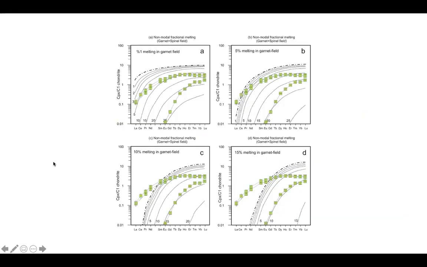Mantle harzburgites of the Kızıldağ ophiolite have clinopyroxenes with high light rare earth depletion. Such rare earth patterns for residual harzburgites can be formed by fractional melting of a mid-ocean ridge basalt melt in the stability field of spinel. The most depleted clinopyroxene rare earth patterns of residual harzburgites are not compatible with this approach.